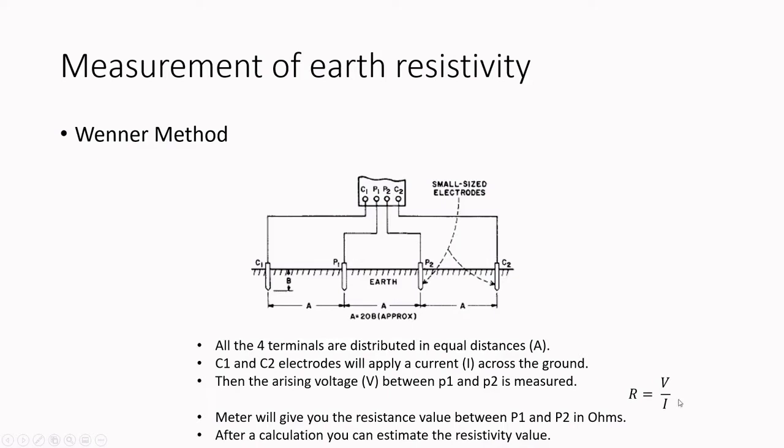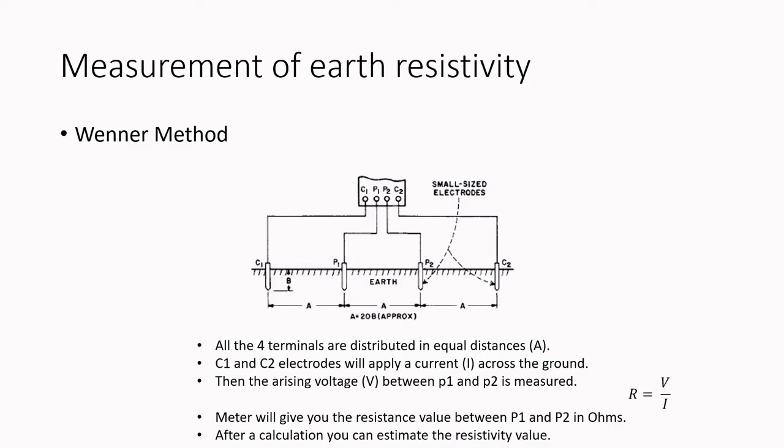If you have voltage and current, you can calculate the resistance between P1 and P2. After calculating that, the meter will output the value in ohms. You can use that value to calculate the resistivity of the soil.